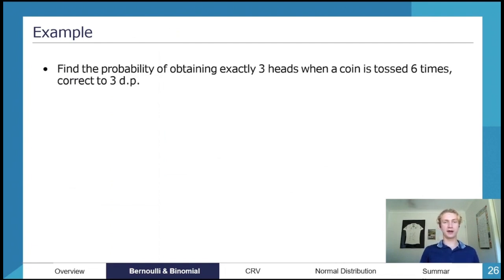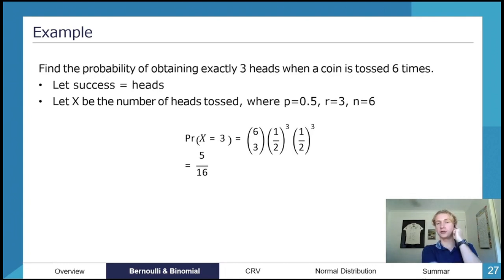Okay, so we'll do an example now. Find the probability of obtaining 3 heads when a coin is tossed 6 times, correct to 3 decimal places. Pretty classic question. This will just be simple, familiar. So it's only heads or tails, so already we know that it is going to be a Bernoulli sequence, and probability is the same, independent trials, etc. Now, we're going to let success equal heads, and we're going to let x equal the number of heads we're going to observe, where the probability is 0.5, r equals 3, and the number of trials equals 6.